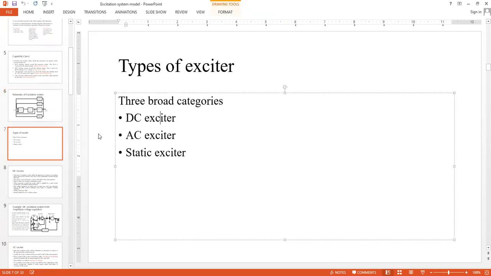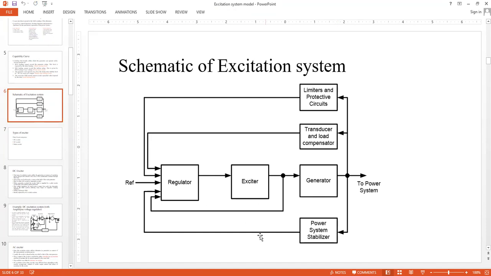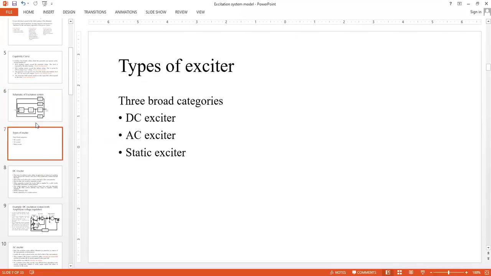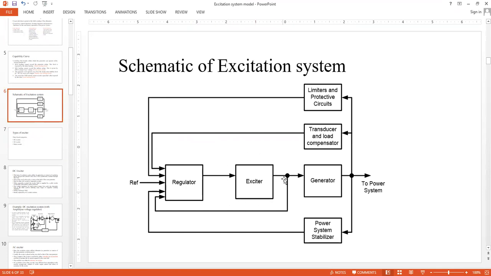Then we talked about the three major categories of the exciter itself, which is a part of the excitation system. When we talk about the excitation system, we talk about the whole block diagram and its connectivity. However, when we talk about the exciter, we are only focusing on this middle block, which could be DC, AC, or static.